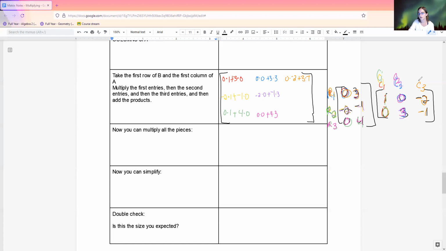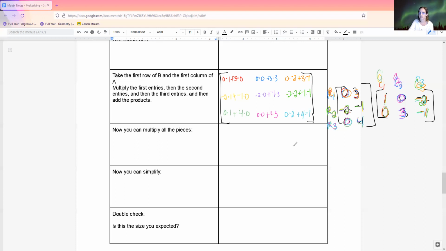Row 2, column 3. -2 times -2, plus -1 times -1. New color. Row 3, column 3. 0 times -2 plus 4 times -1.